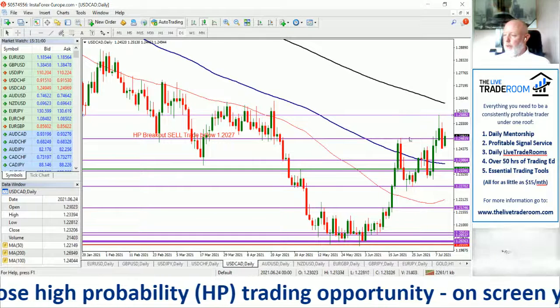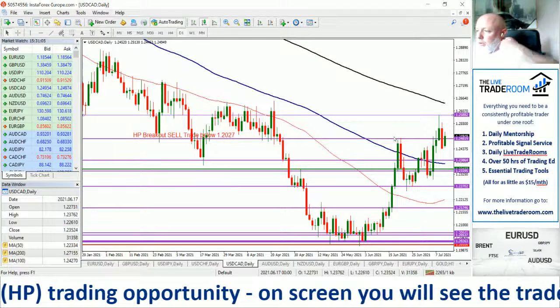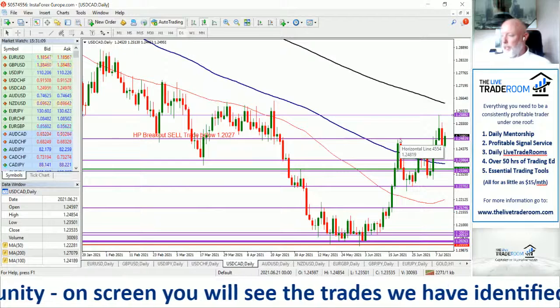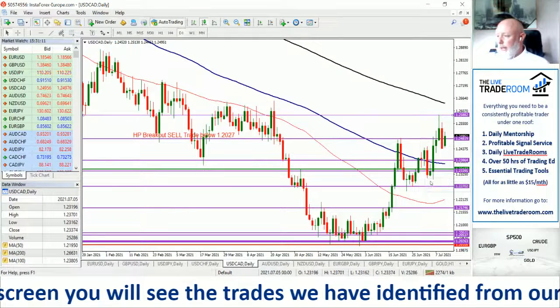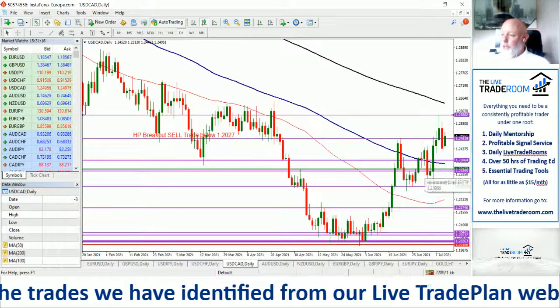So it's not like these lines are crucially important, but seeing what price action's doing is really important.